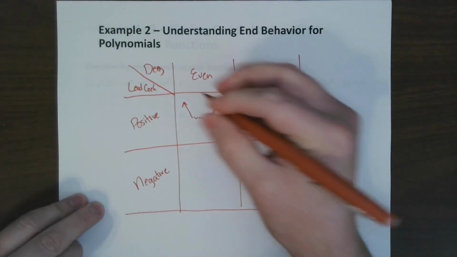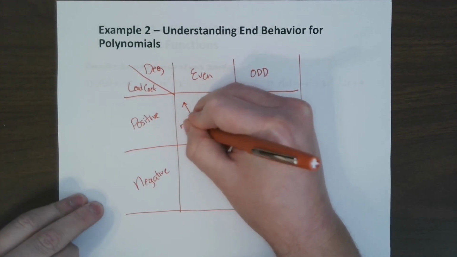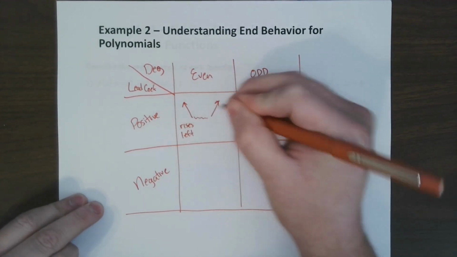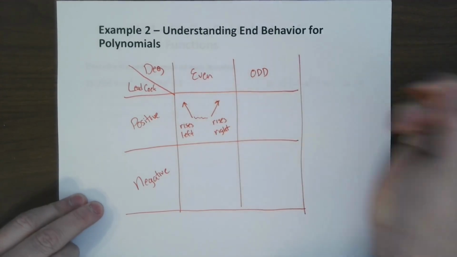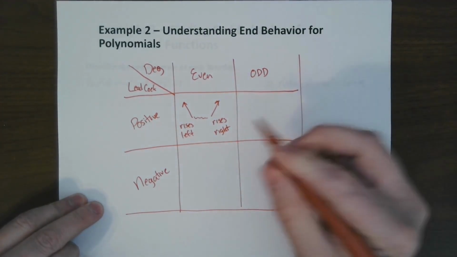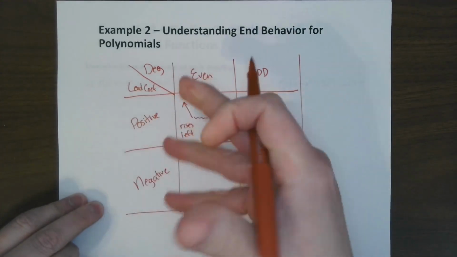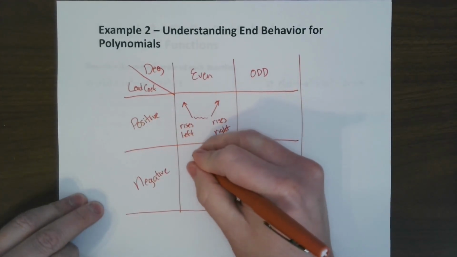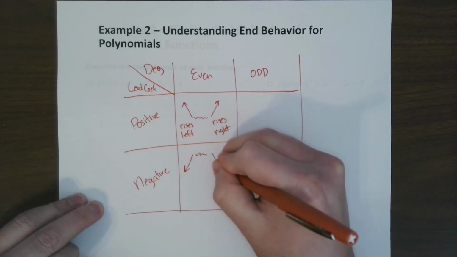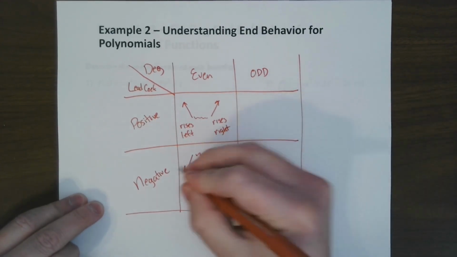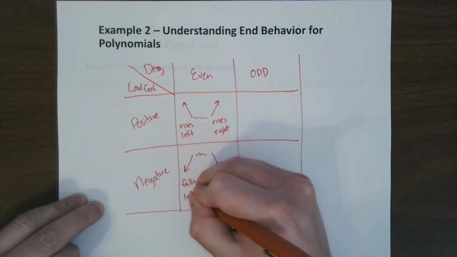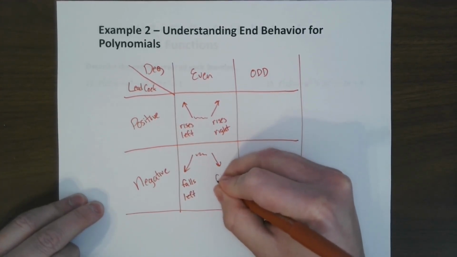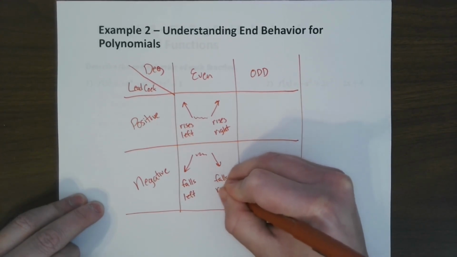So the way we describe this is we say it rises on the left and rises on the right. Same thing, if it's negative, that reflects things down. So it's going to be down and down. So the way we say this is we say it falls left and falls right.